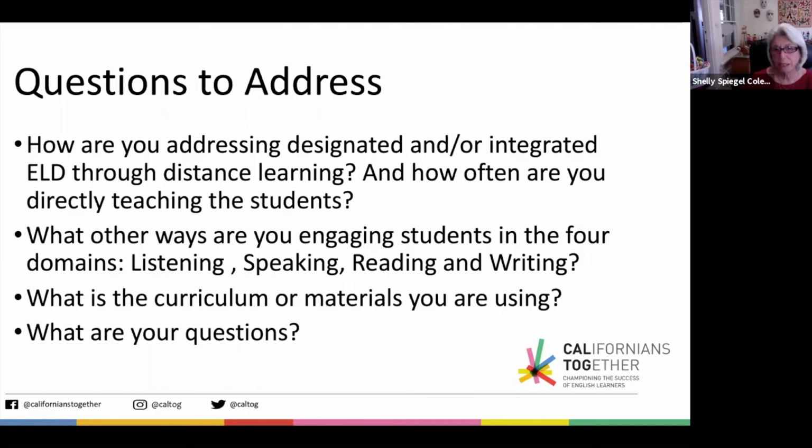I hope you can see my cursor. I'm going to suggest that people raise their hand if they want to make a contribution on any of these questions. You can either raise your hand and we'll call on some of you and unmute you, or we would love for you to include your questions or your comments in the chat room, and we'll uplift those also.